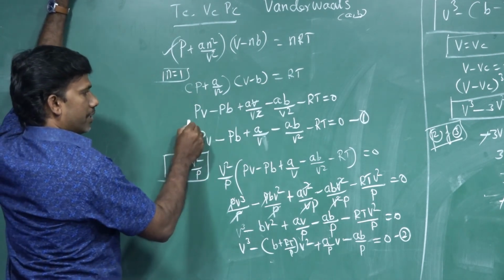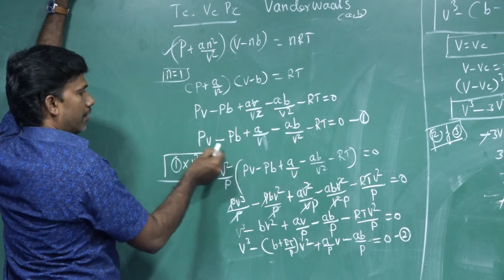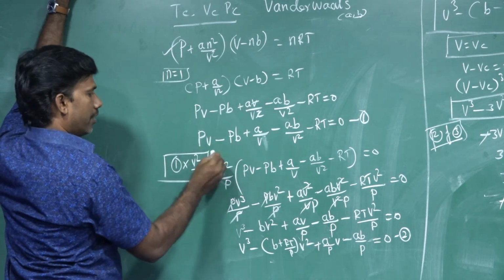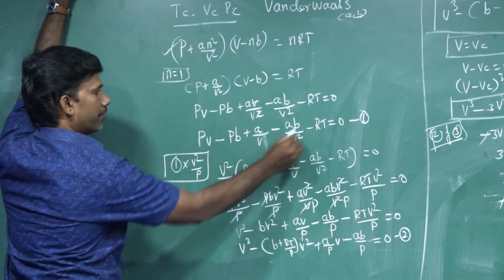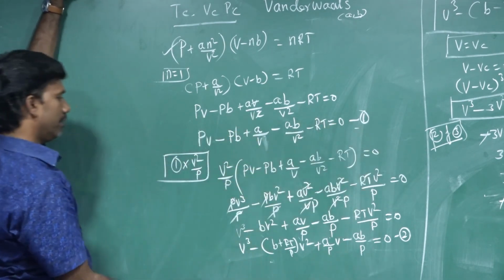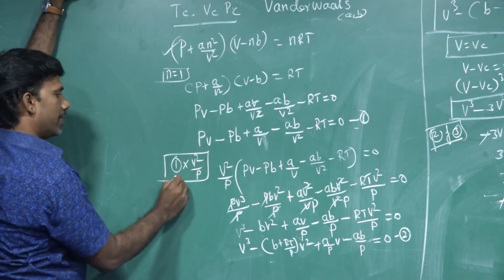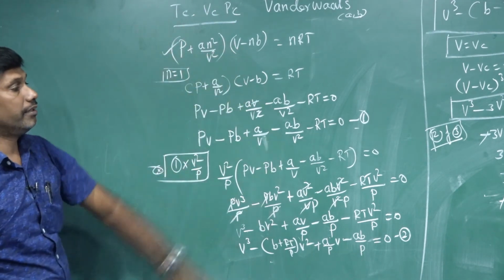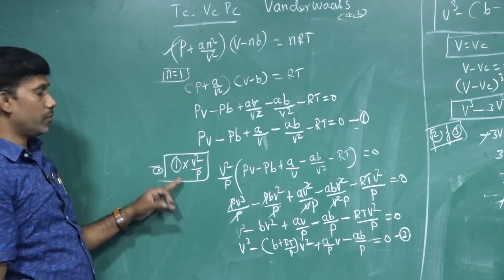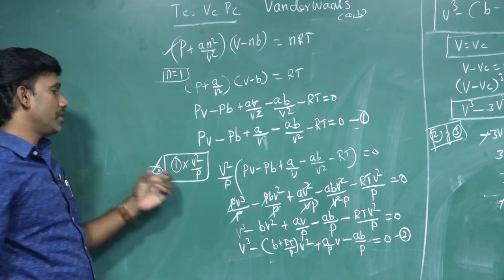After elaborating this equation, you get the expanded form with RT. Equation 1 is multiplied by V squared by P. Why do we do this?